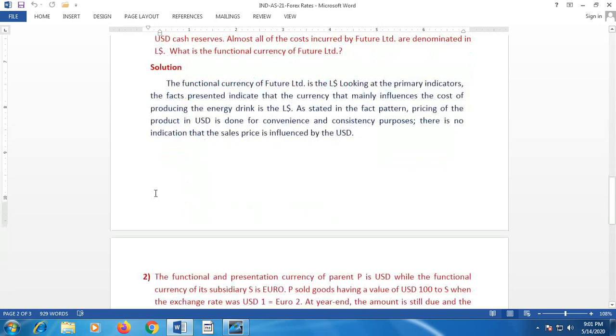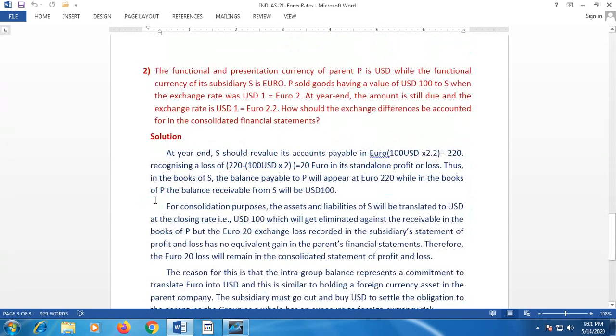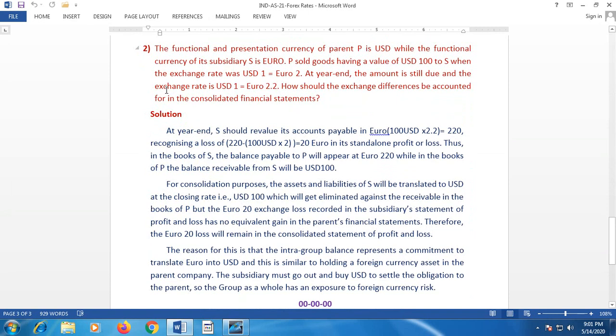It is very simple. Going to another illustration, it is said the functional and presentation currency of P is US dollar, while the functional currency of its subsidiary S is Euro. P sold goods having value of US dollar 100 to S. Here P refers to the parent company and S refers to the subsidiary company.